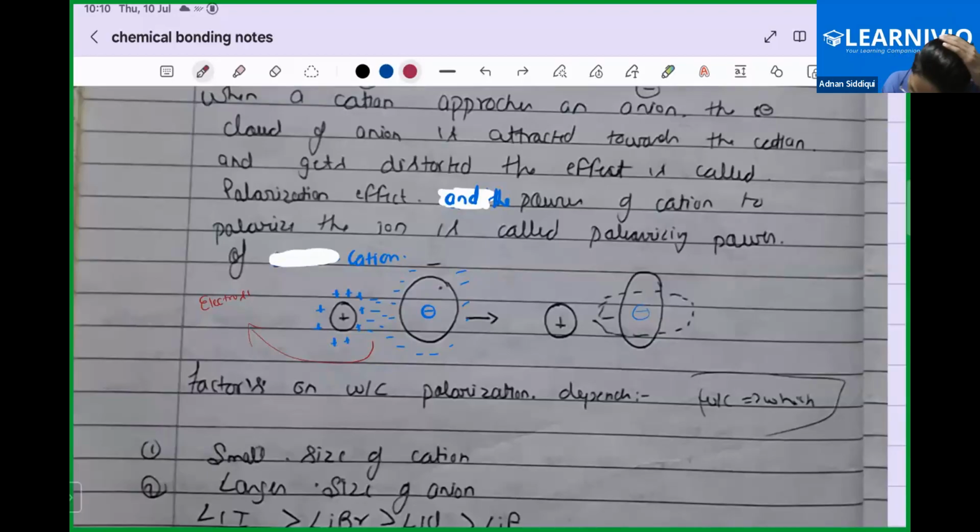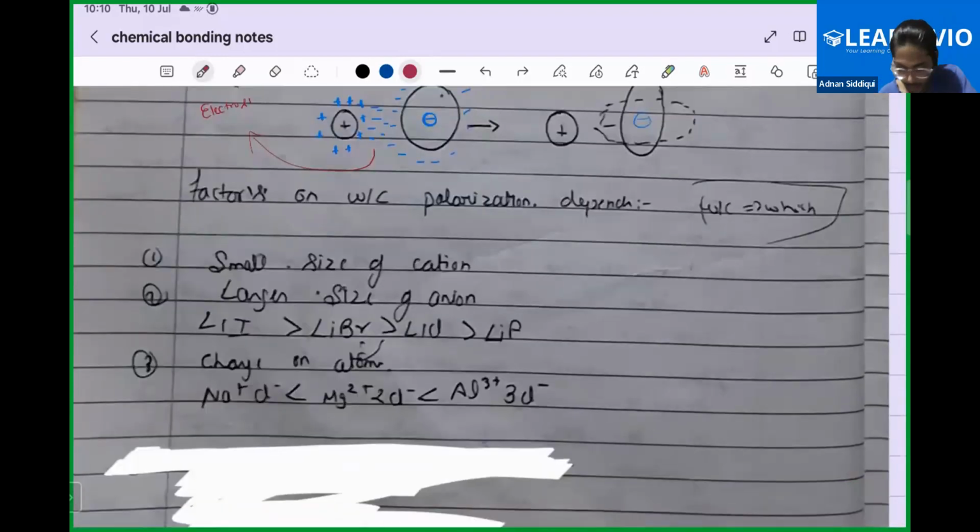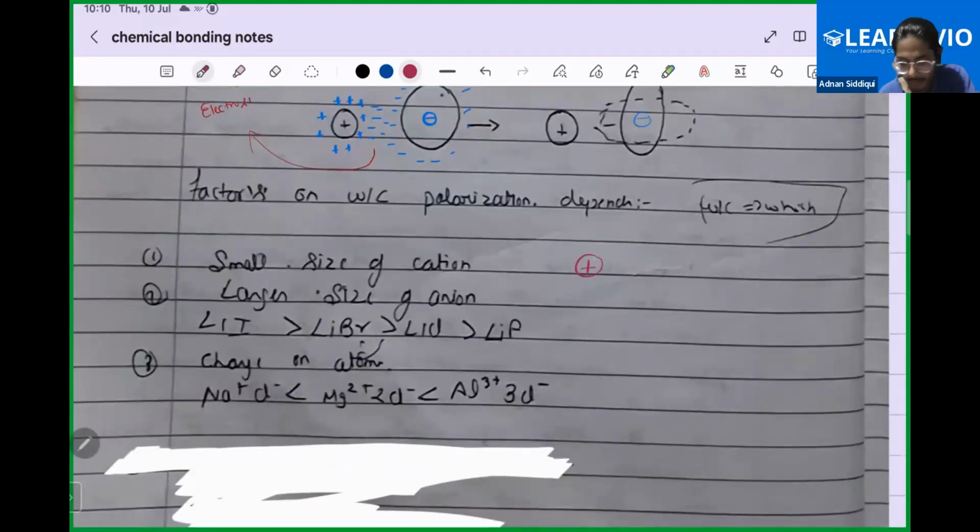What is the polarization effect? What does it mean? See, if you look over here, this is your cation and this is your anion, for example. When they are reaching each other, it is a cloud. When a cation reaches it, it will distort the anionic cloud.